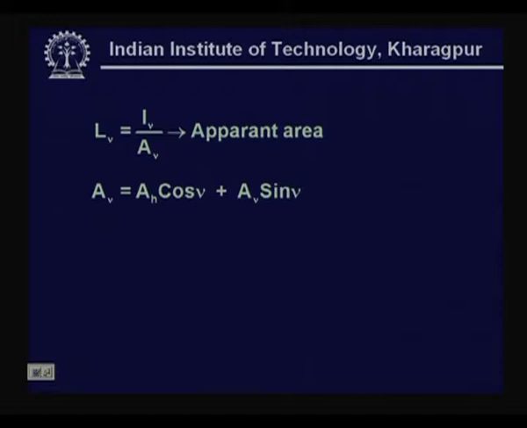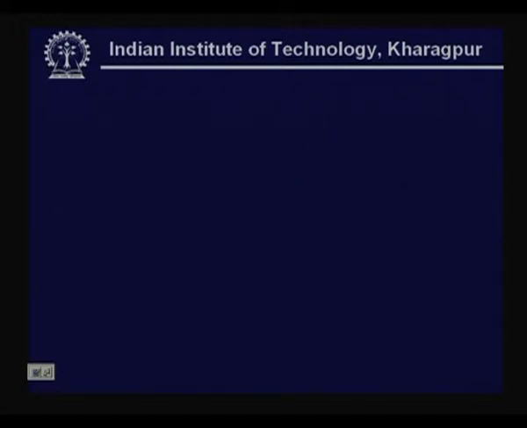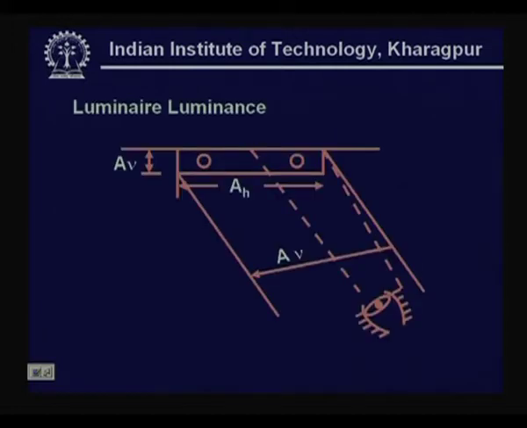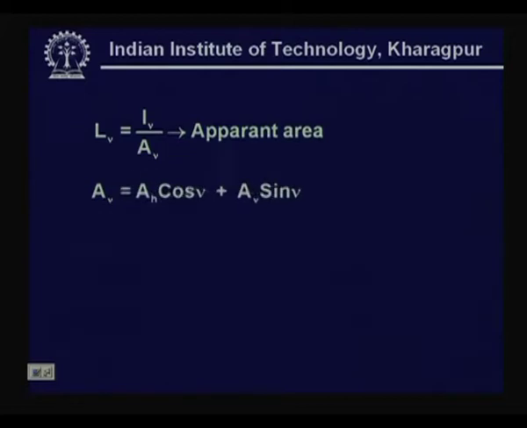Now, where is this gamma? Gamma is the angle which the luminaire subtends at the observer's eye with reference to the vertical to the luminaire. This is how one takes care of it. Now, most of the time these tables give the data for gamma varying from 0 to 85 degrees.